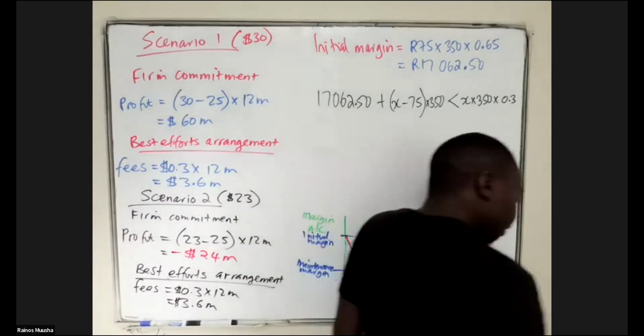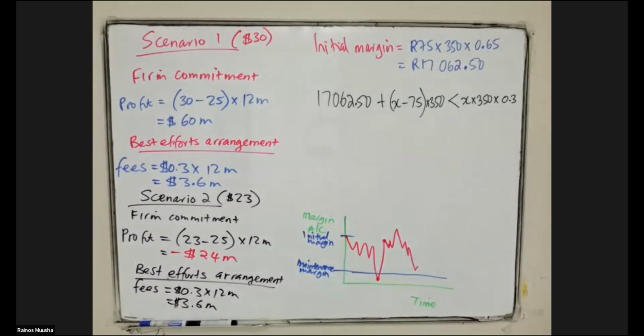So when you buy your shares on margin, you are basically borrowing money.